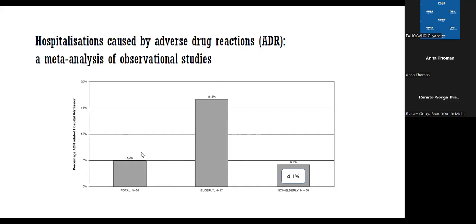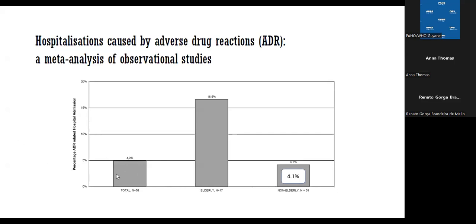Something around 5% of all hospitalizations are caused by medications. As an example, a hypoglycemia event secondary to insulin use, or bleeding in a patient using warfarin to prevent stroke in a patient with atrial fibrillation.